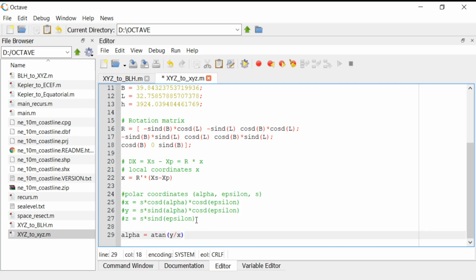But here I must be aware, because the alpha angle, as you know, ranges between 0 to 360 degrees, or in mathematical terms, this is also valid, for example, minus 180 degrees to 180 degrees, as you can see.